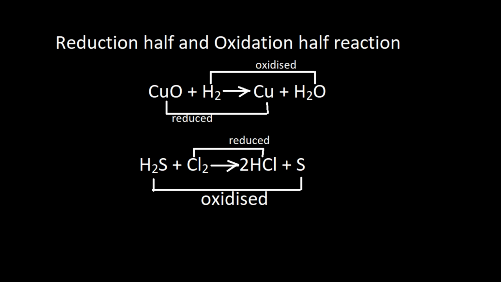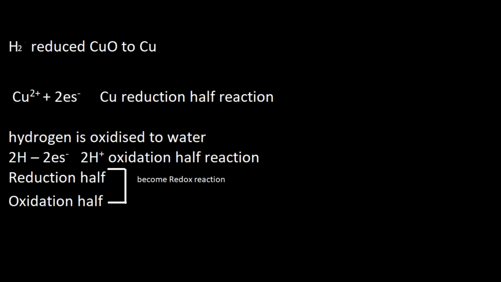Let us take same example, copper oxide plus H2, copper plus water. Now H2 is reducing agent, it reduces copper oxide to copper. Here copper gains 2 electrons, means cation of copper gains 2 electrons to become copper metal. So this is called reduction half reaction. At the same time, hydrogen is oxidized to water and 2 atoms of hydrogen losing 2 electrons is called oxidation half reaction.